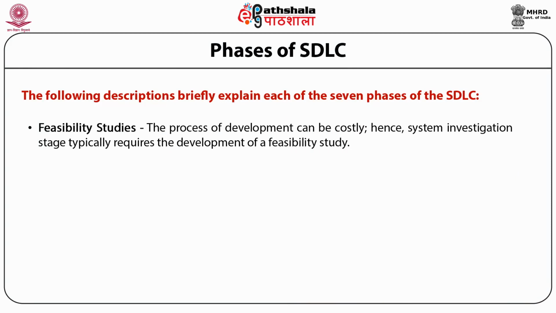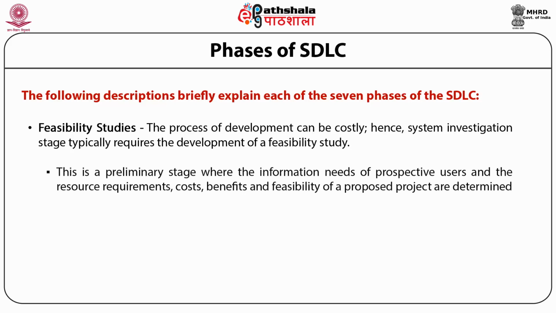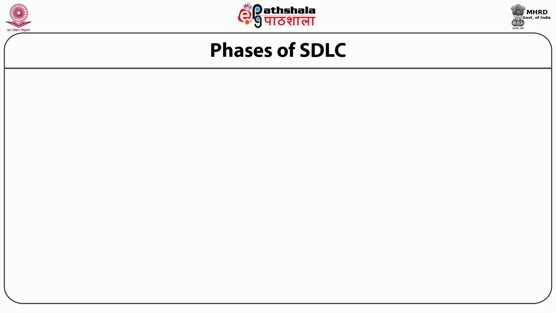The process of development can be costly. Hence, the system investigation stage typically requires the development of a feasibility study. This is a preliminary stage where the information needs of prospective users and the resource requirements, cost, benefits, and feasibility of a proposed project are determined.